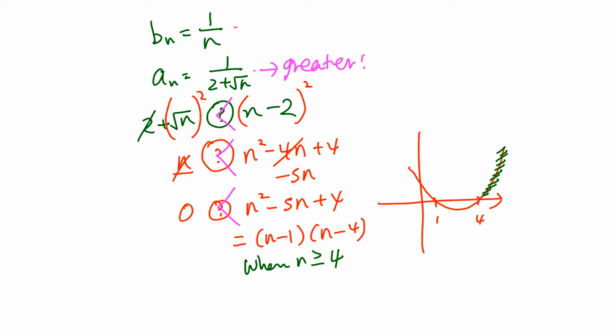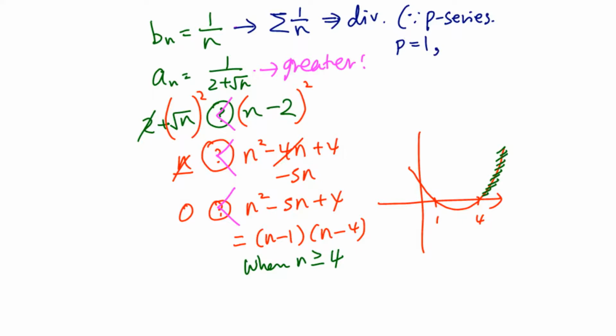Okay, so now let's see if Bn converges or diverges. If I have the series 1 over n, it diverges because of the P series. And in this case, P is 1.